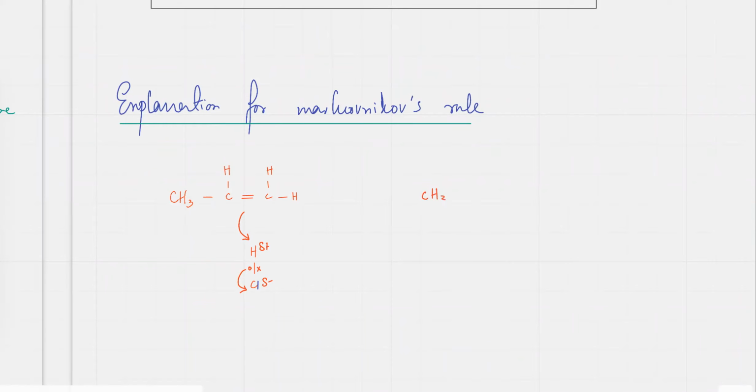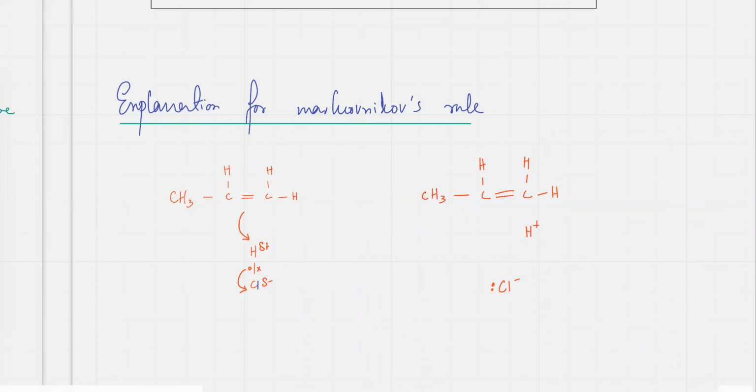So in the next step, there are two options. The positive H is getting attracted, and the Cl-1 has been repelled with its electrons. So the positive H has two options. It can either take the electrons from the electron cloud and bond with this carbon atom.